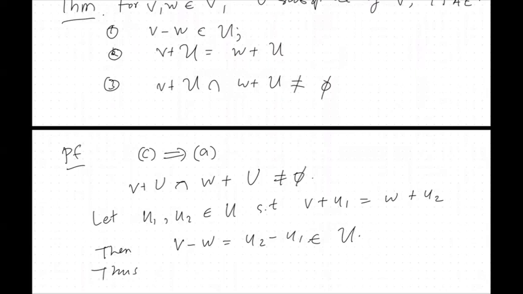Thus, v - w is an element of U, which is our A. The other implications are left as an exercise.